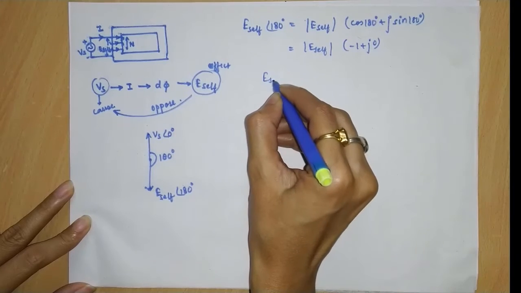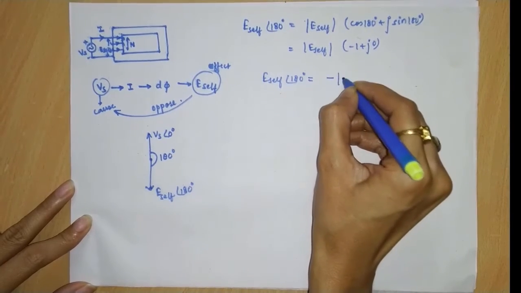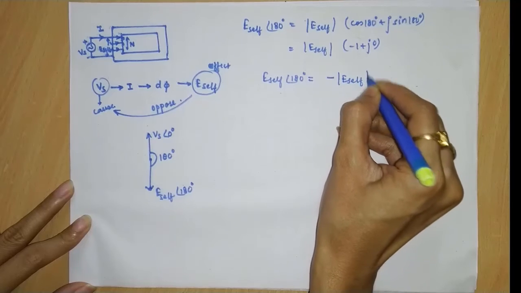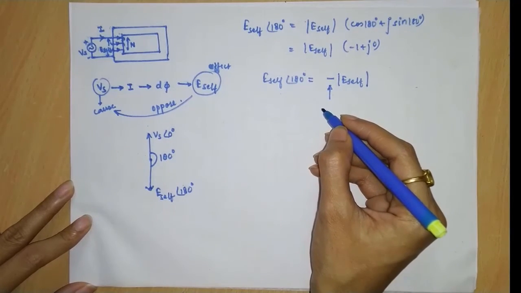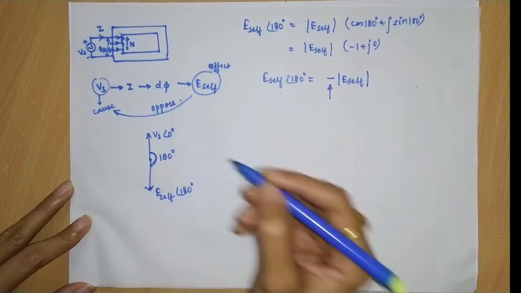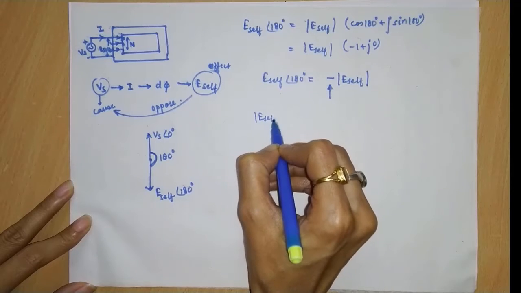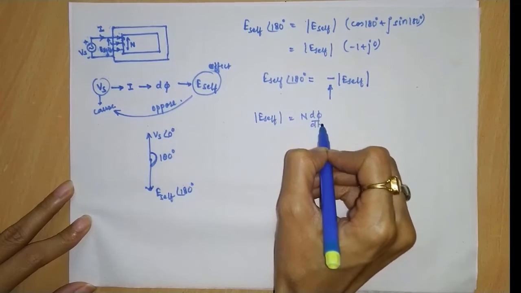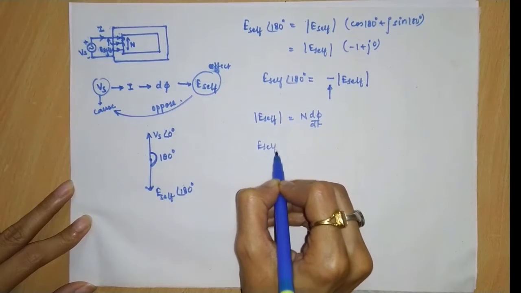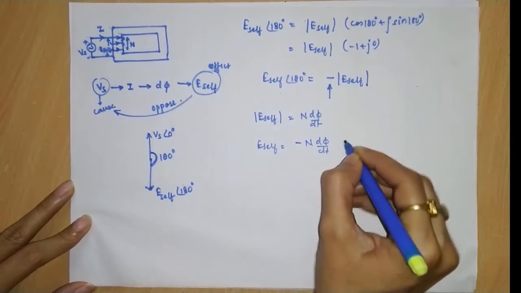Hence we write E self at an angle 180 degrees as minus mod E self. This sign came due to the 180 degree phase shift. Therefore, we write mod E self as n d phi by dt and E self as minus n d phi by dt volts.